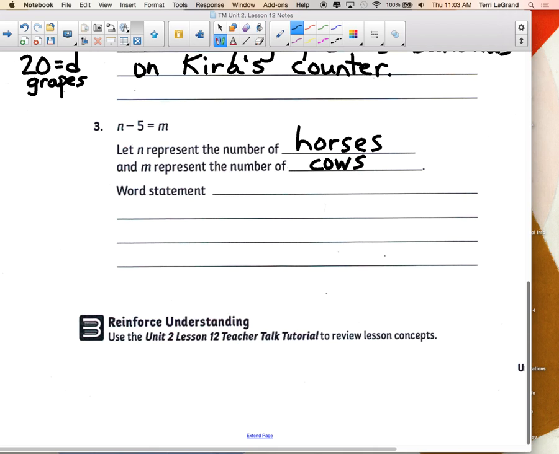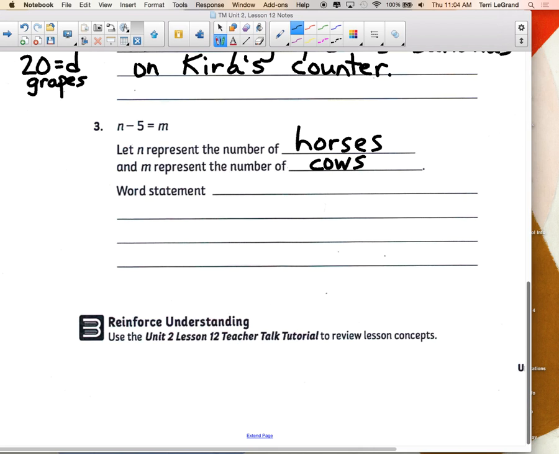Come up with the story for me now then. Horses and cows. So yeah. We lost it? Oh, okay.